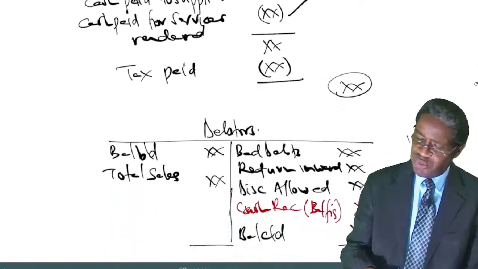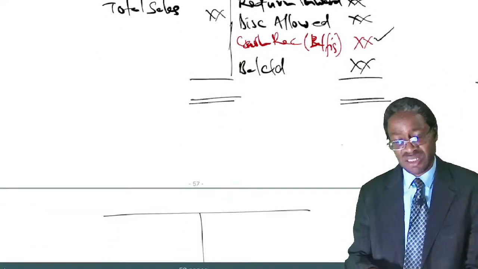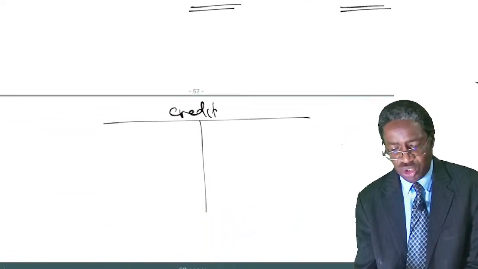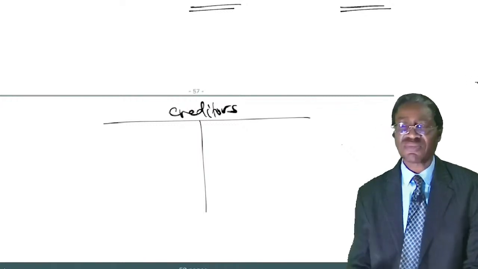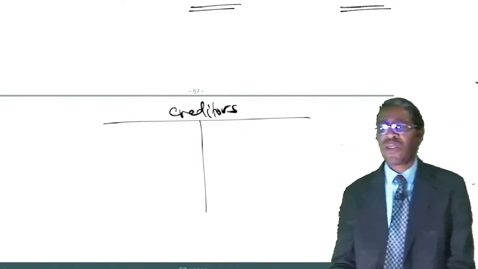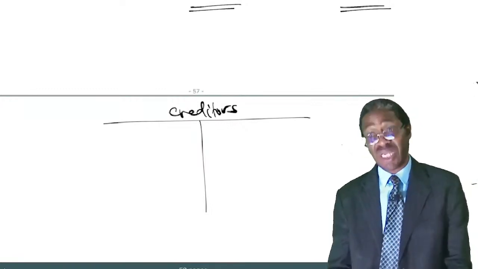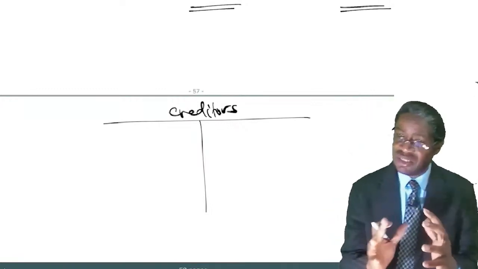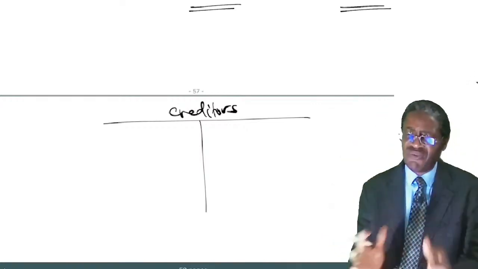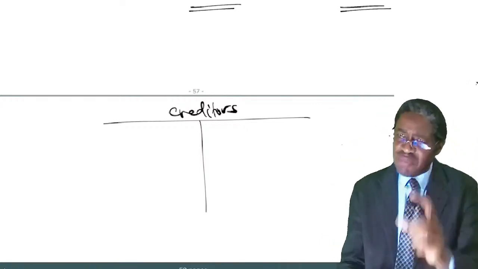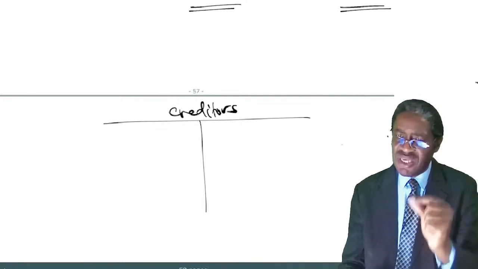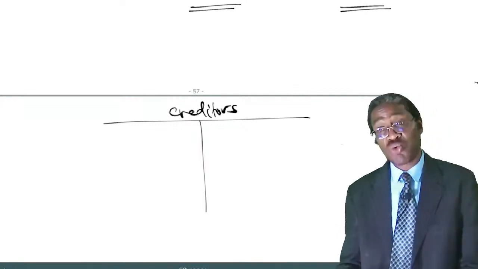So to get the cash paid to suppliers, again, we shall be preparing an account called creditors control, or just creditors. You will feed in all the information concerning this account. Again, there will be a balancing figure in this account, and that balancing figure will be the cash paid to suppliers.